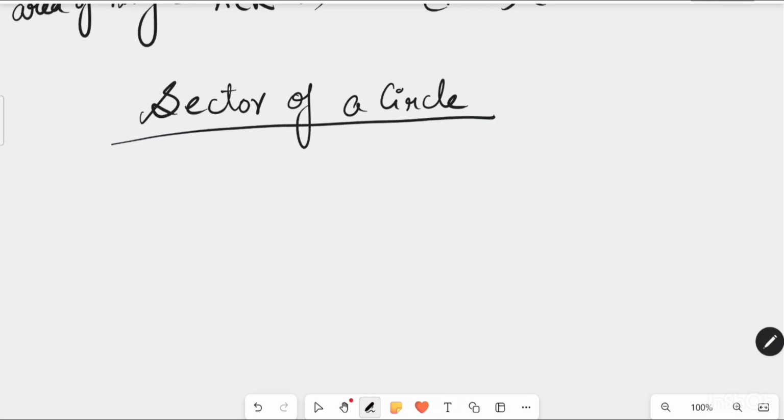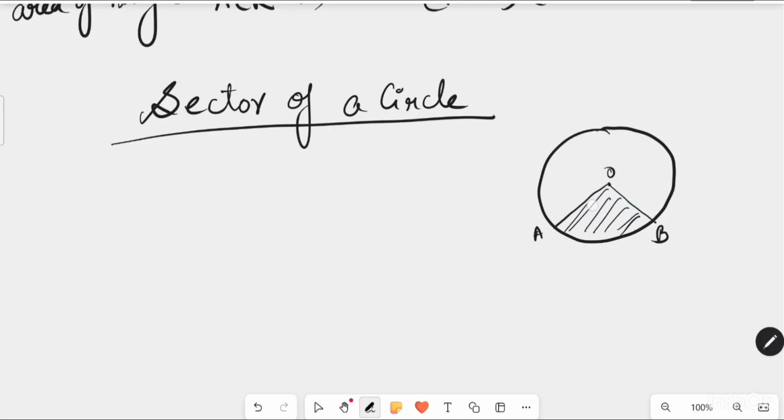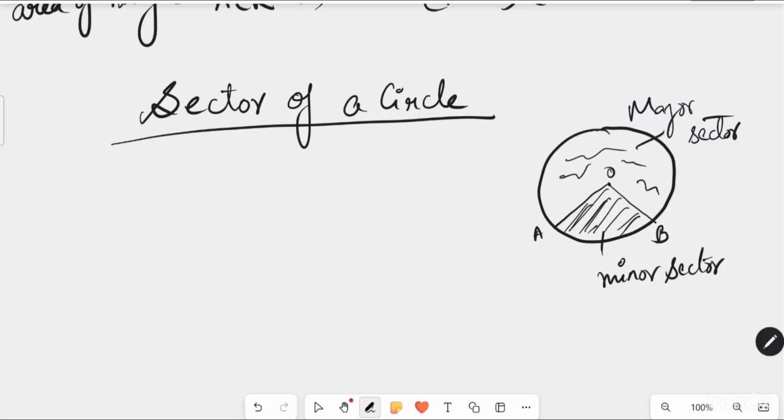Now sector of a circle. The region enclosed by two radii and the corresponding arc of the circle is called the sector.